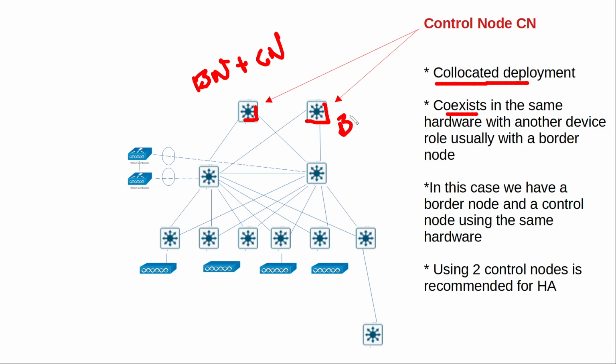So in this case, I cannot separate the control node into a single device and place it somewhere else in the network, because I am using the same device to run two roles. So in this case, we have a border node and a control node using the same hardware. Still, we are showing two control nodes for high availability.